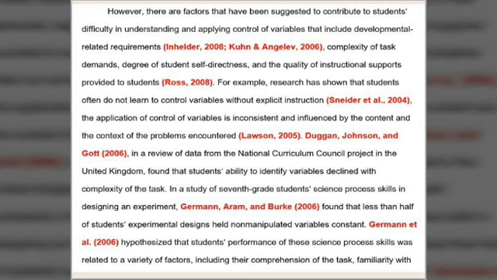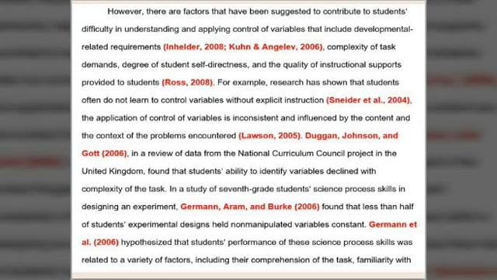For example, research has shown that students often do not learn to control variables without explicit instructions, Snyder et al. 2004. The application of control of variables is inconsistent and influenced by the content and the context of the problems encountered, Lawson 2005, Dugan, Johnson, and Gott 2006.